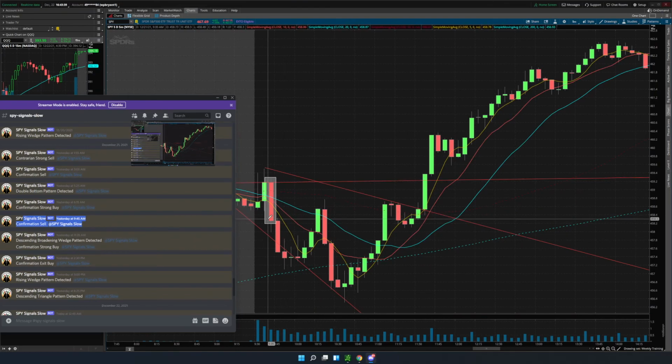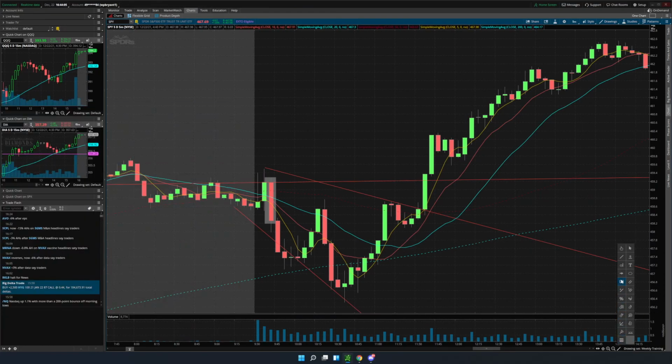Draw it on your chart, and you can see what the signals are looking at. It's looking at this back and forth consolidation. You're looking for somewhere to break. Now you could play it from top to bottom, from bottom to top, but at that pattern detected at 11:35, you draw that on your chart, and then it broke out of it, and we got a confirmation strong buy. So that would be that candle right there. So we could have played the downside and we played the upside.